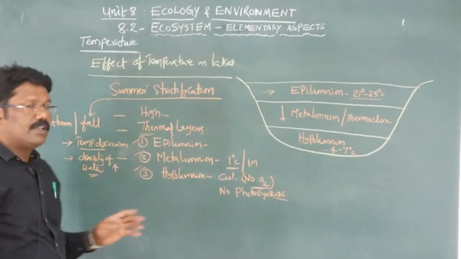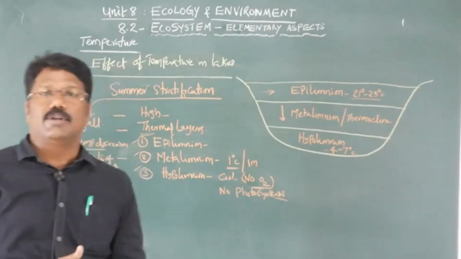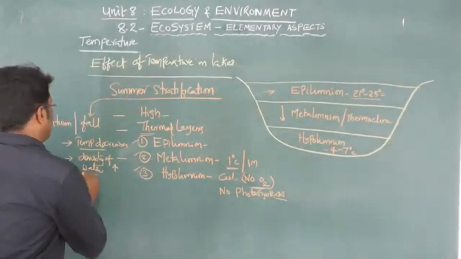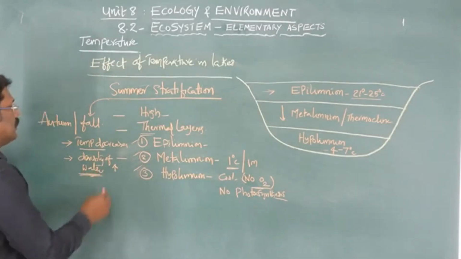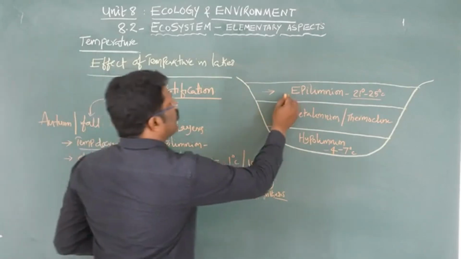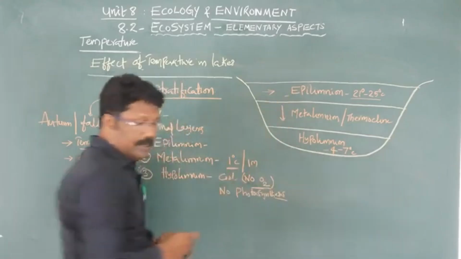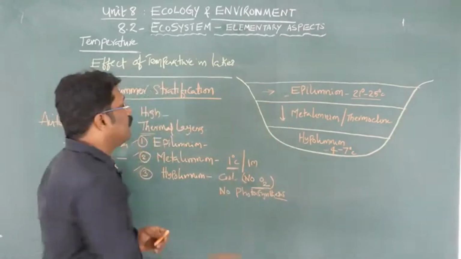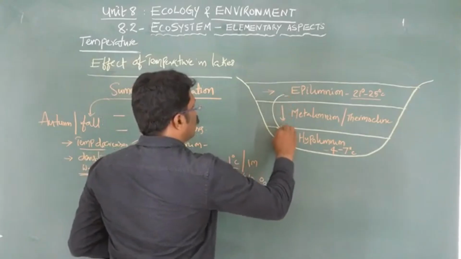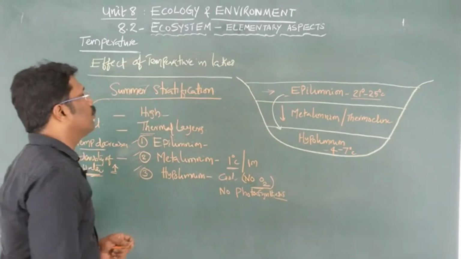At 4 degrees centigrade, as we have already said, water shows maximum density, and because of this increase in density, the upper layer becomes heavy and moves downwards.